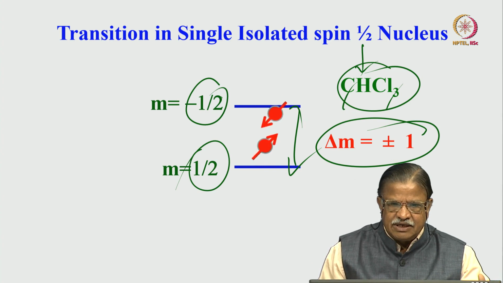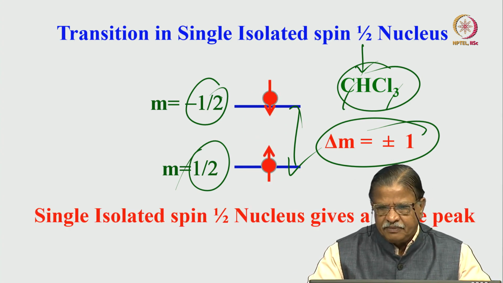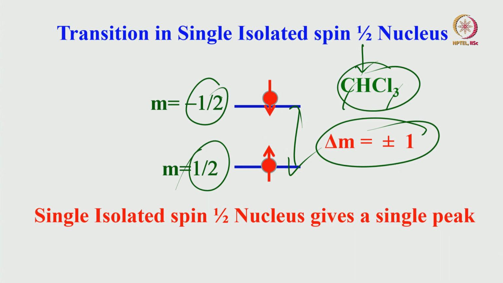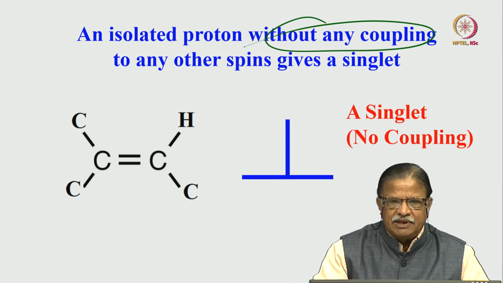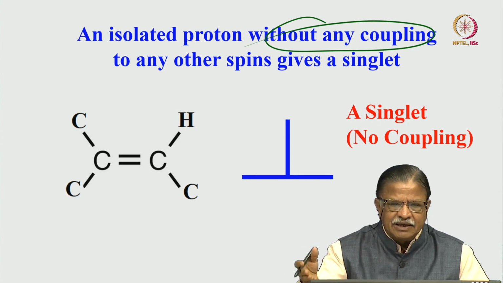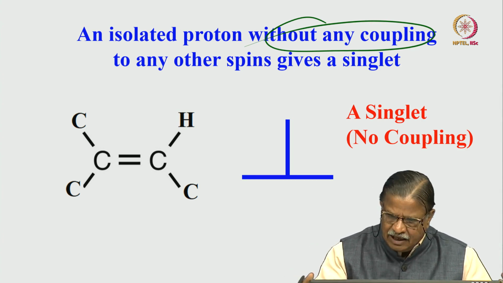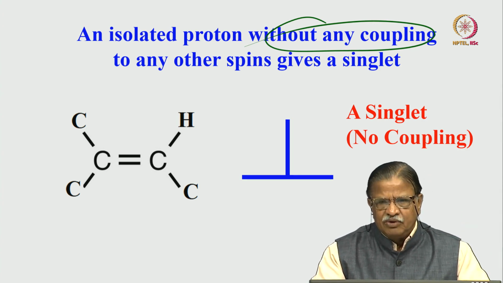So, as a consequence, when this transition takes place we are going to get a single peak. This is what we discussed earlier also when we discussed some interaction parameters. So, this is the simple logic. An isolated proton without any coupling to any other spins always gives a singlet because there is no interaction at all. A simple example is CHCl3, or for chemical shift, when I was explaining, I said the reference is TMS.